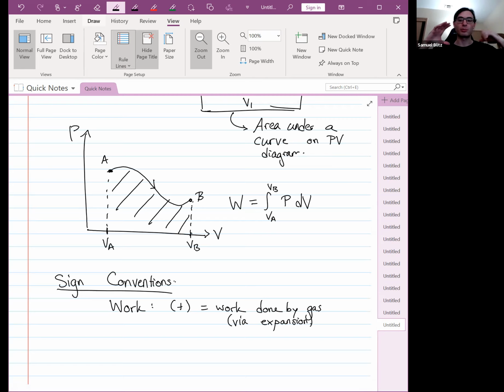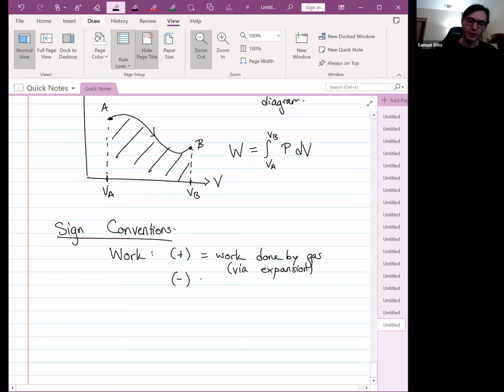So we say that the work is positive when the gas does work on the environment, i.e. it adds energy to the environment and loses energy from itself. So the work done by the gas is also equivalent to the gas expanding. If the gas expands, then the gas loses some amount of energy, or at least it loses the energy that it may have otherwise gained in other ways. So the convention that we use here is that positive work means that the energy of our gas decreases, and similarly for negative work, we say that the work is done on the gas.